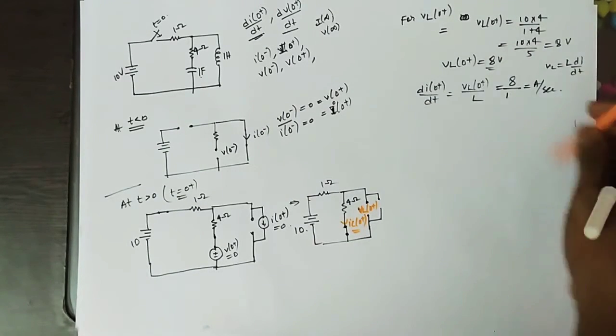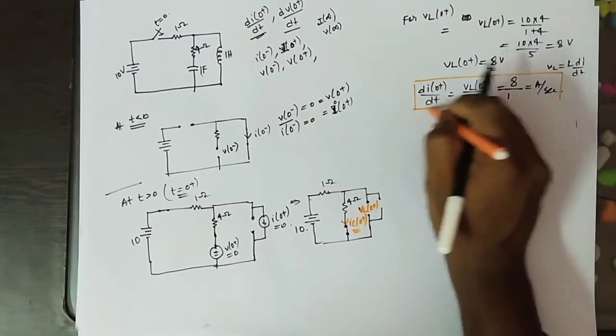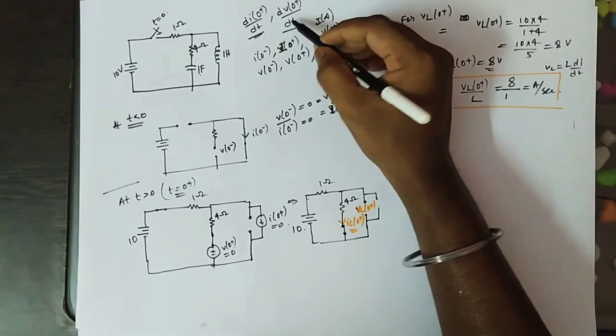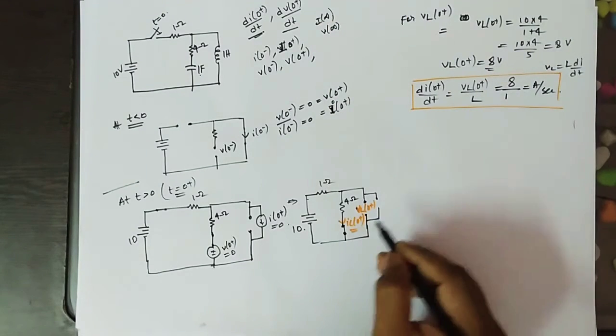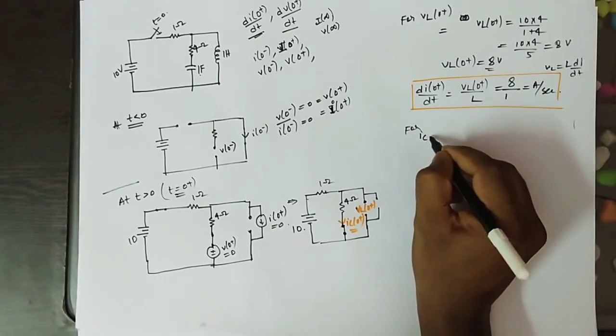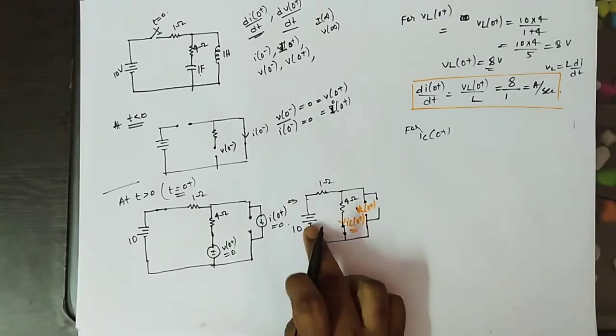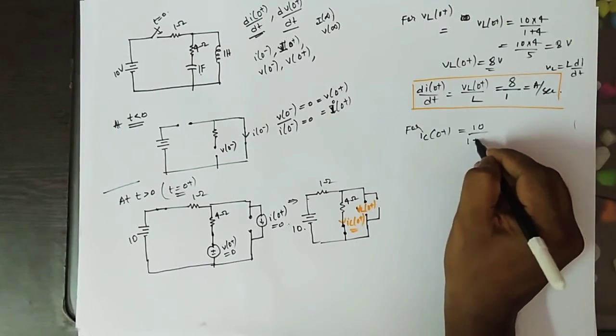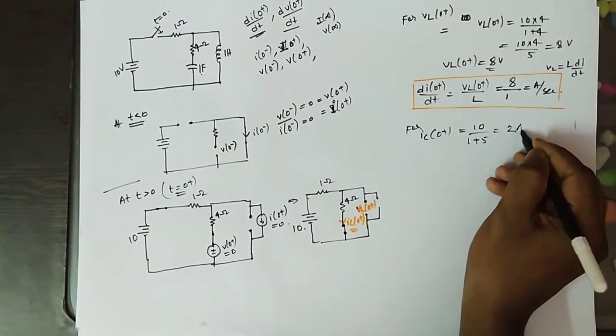So this completes di of 0 plus by dt. Now to find dv of 0 plus by dt, you need to find IC of 0 plus. For IC of 0 plus, you can directly write the loop equation: 10 by 1 plus 5, that is equal to 2 amps.